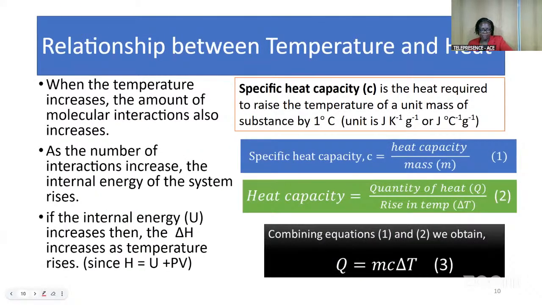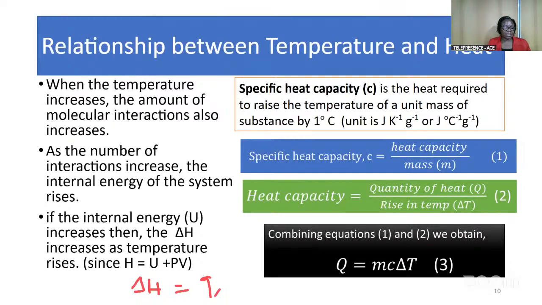Now, I told you earlier on that we can refer to delta H as equal to Q. That is, we can express it as Q. I told you in the last class that Q is the same thing as heat.